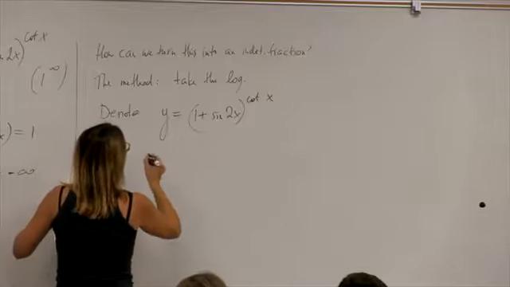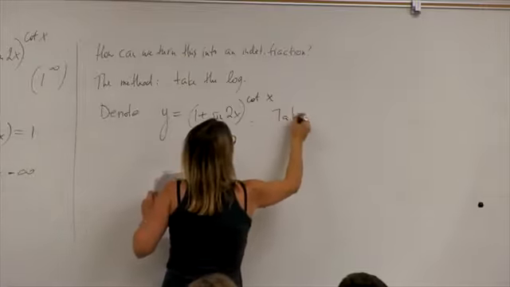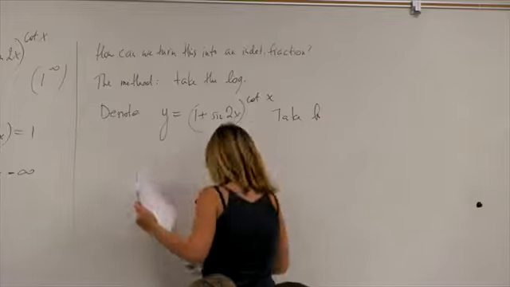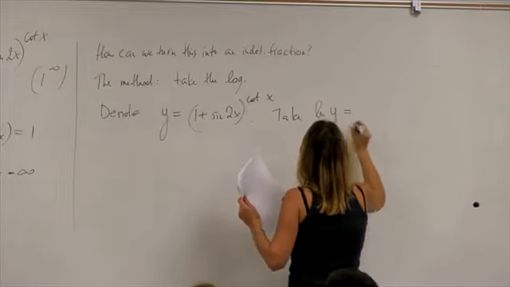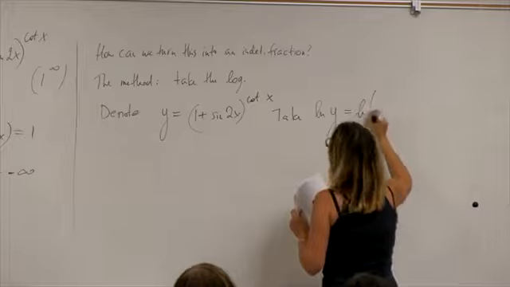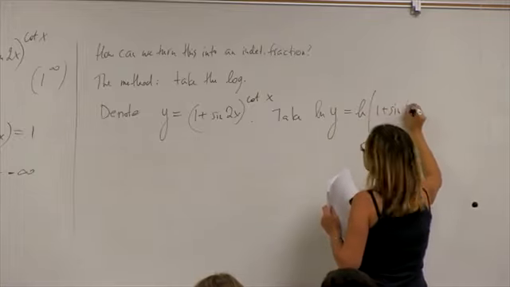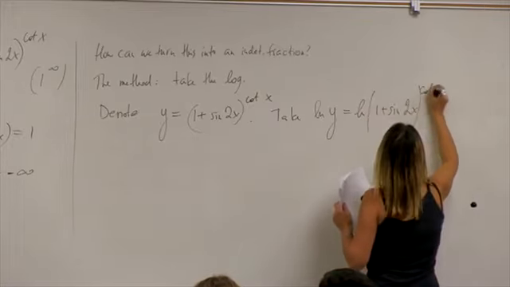And then take the log of y. So this is the log of 1 plus sine 2x to the power of cotangent x.